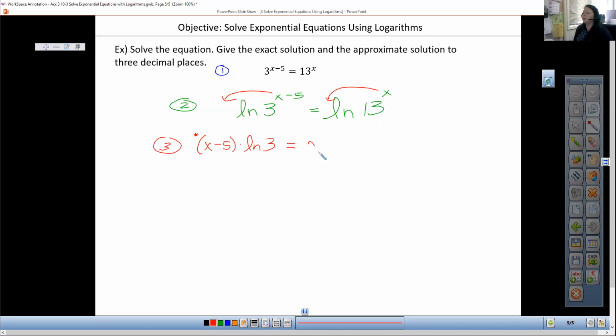And over here we don't need parentheses since we have a monomial exponent this time. No addition, no subtraction. So now I'm going to remove my parentheses by distributing my logarithm to the x minus 5. So I now have x times the natural logarithm of 3 minus 5 times the natural logarithm of 3.